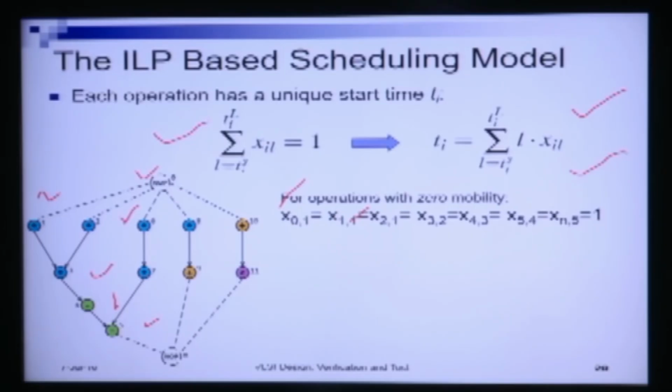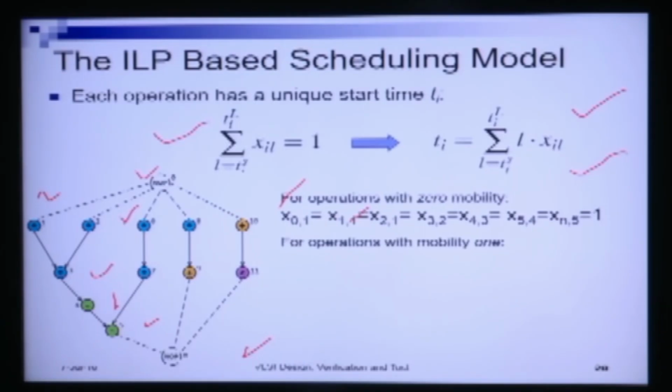Because the third operation should only be scheduled in time step 2 and nowhere else. Why is x_43 equal to 1? Because the fourth operation similarly should only be scheduled in time step 3. Similarly, x_54 equals 1 and x_n5, which is the last operation, should be 1, because the start time of the sink node should be the 5th time step, because the schedule should complete in 4.